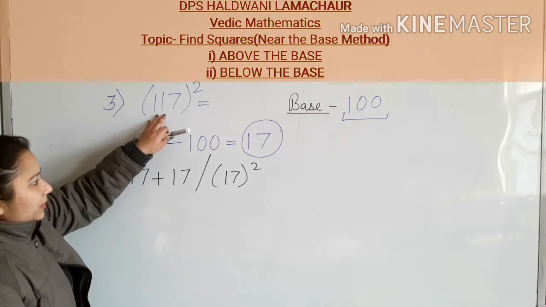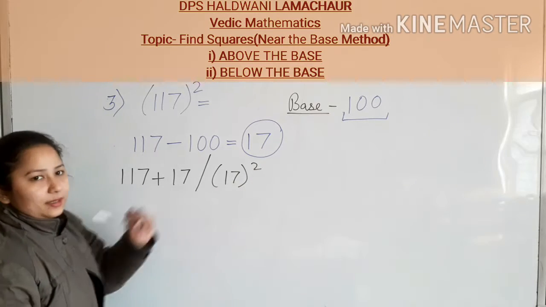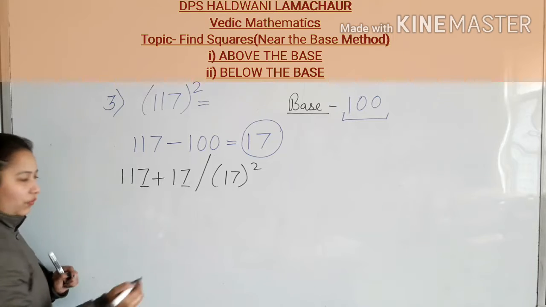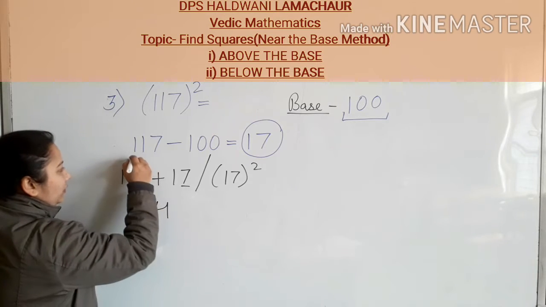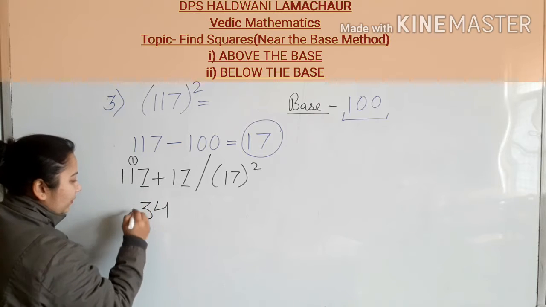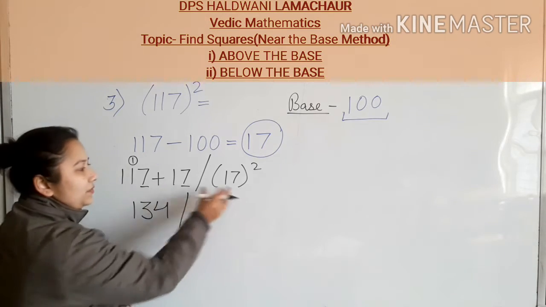You have to take this number, add this number to it, then the square of this number. Now add 7 plus 7, 14, 4 here, 1 carry, 1, 2, 3 and 1. 134. Now the square of 17.